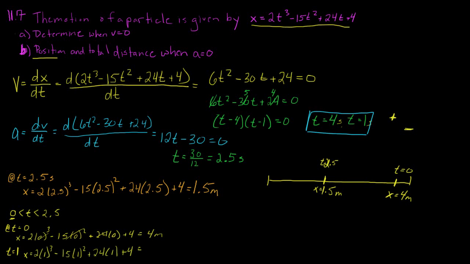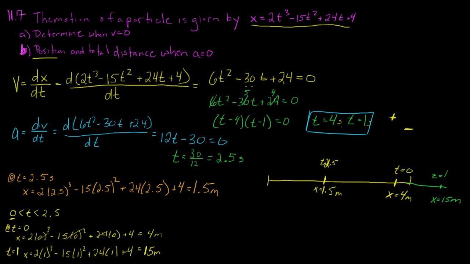And when we do out this calculation, we get 15 meters. So this isn't really to scale, but at time equal to 1, we're over here, at x equal to 15 meters.